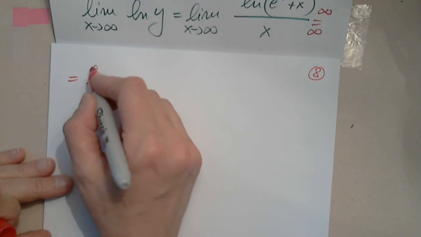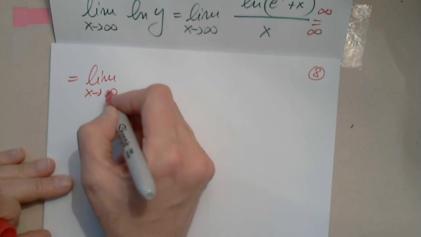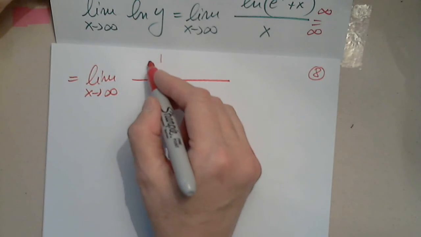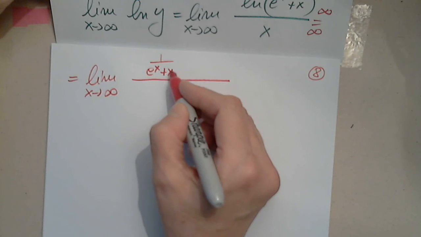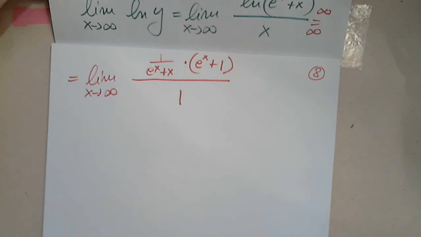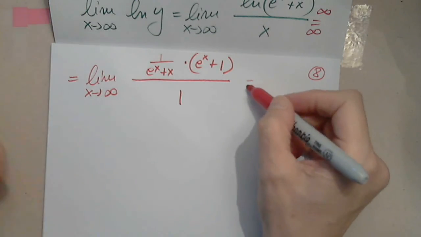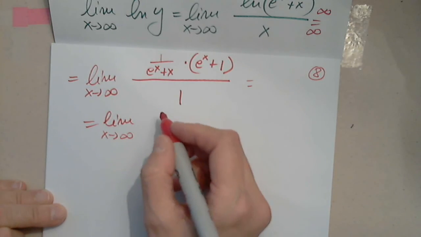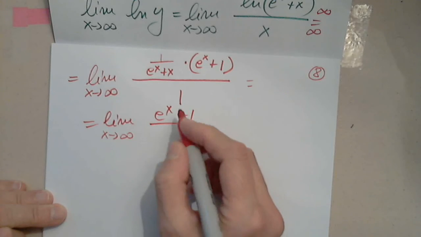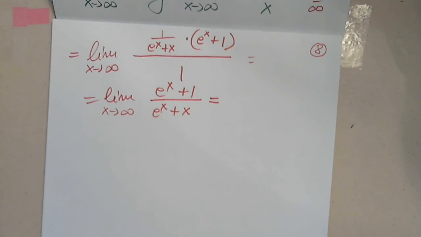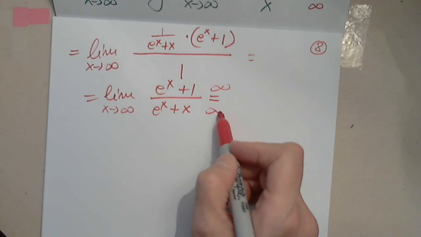So we apply L'Hopital's rule. Limit as x approaches infinity. The denominator is 1. The numerator is 1 over e to the x plus x times e to the x plus 1. And now we are looking at this rational expression, so again, infinity over infinity.